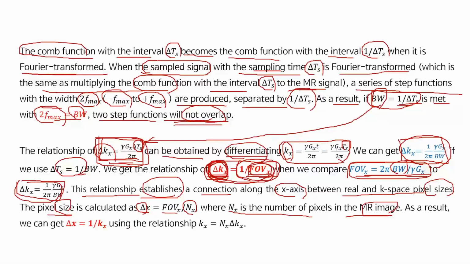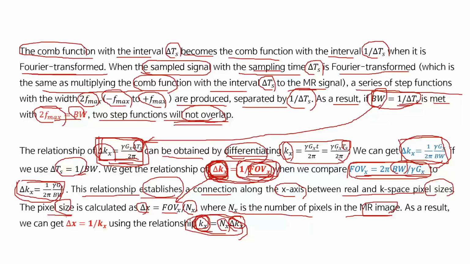So if we put this FOVx here, and using this relationship, delta kx, the pixel size in k-space, times the number of pixels, then we have the size of x in k-space.